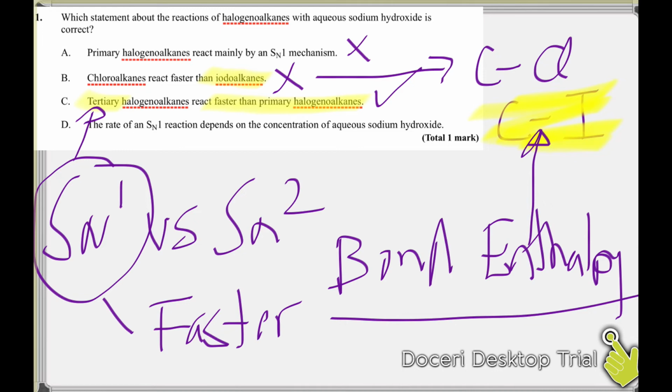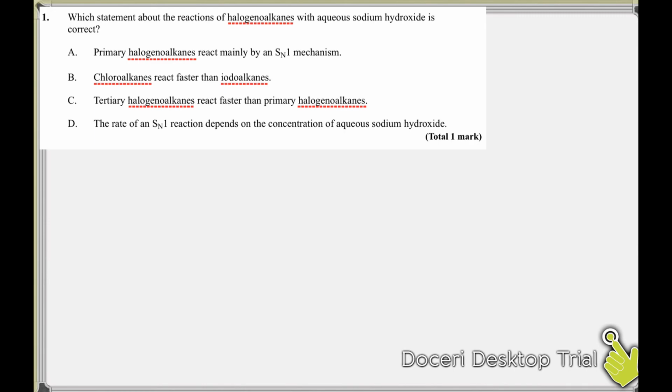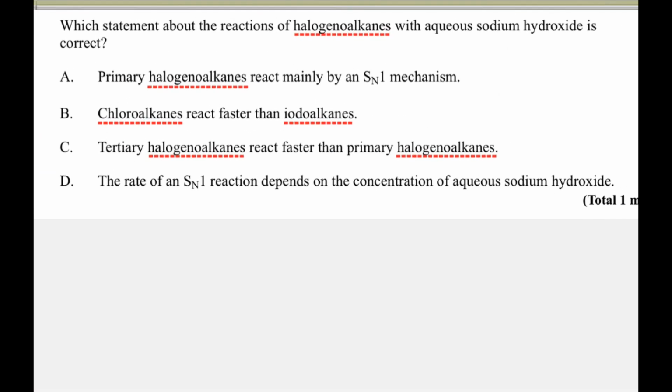Now, let's take a look at why D is then incorrect. D says the rate of the SN1 reaction depends on the concentration of the aqueous sodium hydroxide.